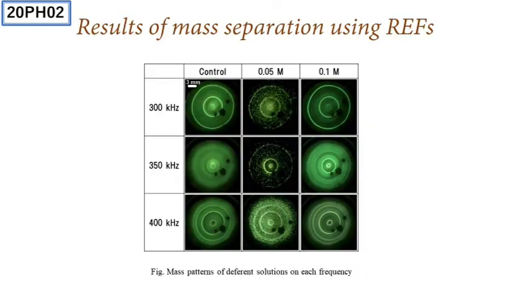Here shows the result of mass patterns of different solutions at each frequency. For the 0.05 molar solution, the images tend to be not so clear. This was caused by different ESI conditions at low emission current.